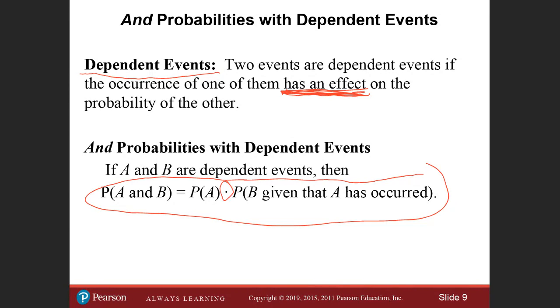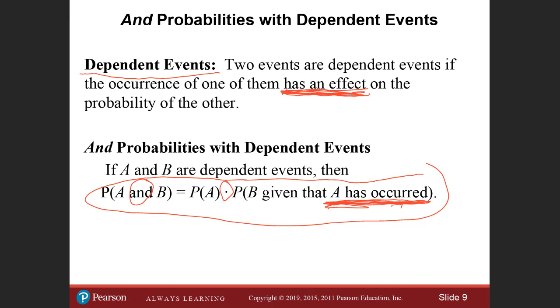You still have to multiply because you're using the word and, the probability, but remember B given that A has occurred. So it means that if A has occurred, it can affect the number of occurrences there. So going to the next event, most likely you have to subtract one. So that would be the case for that one.